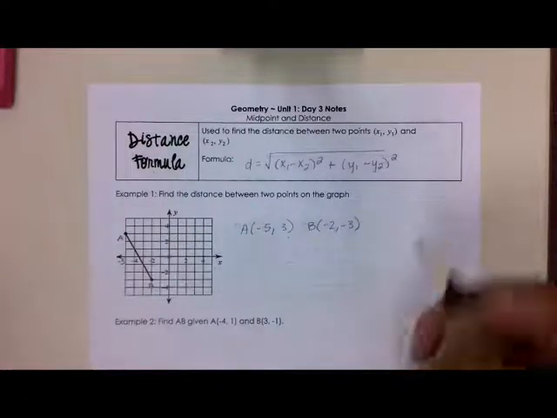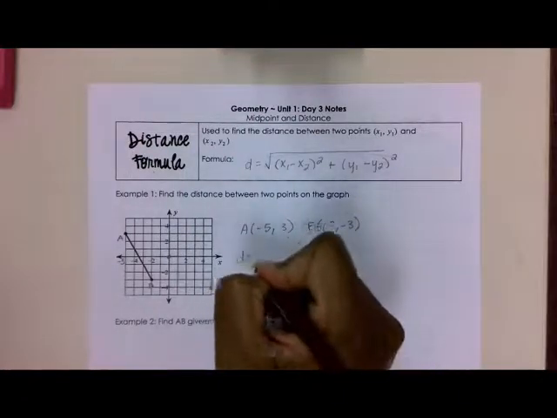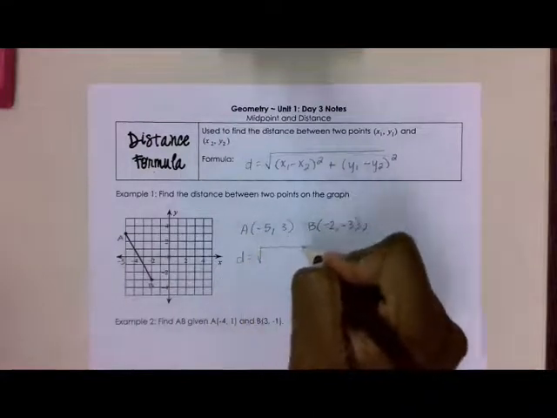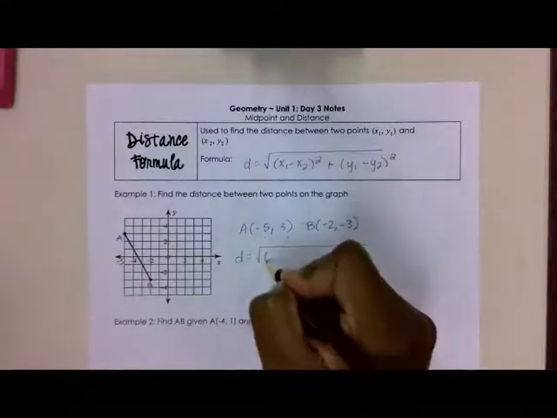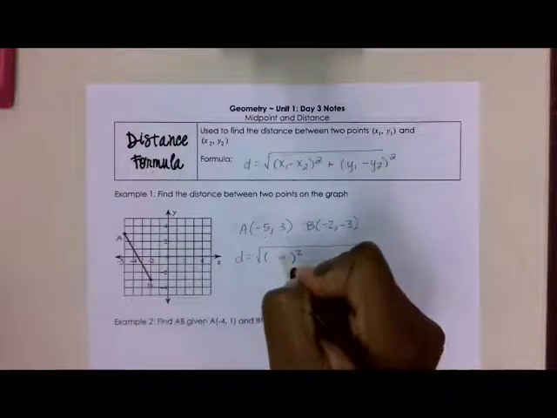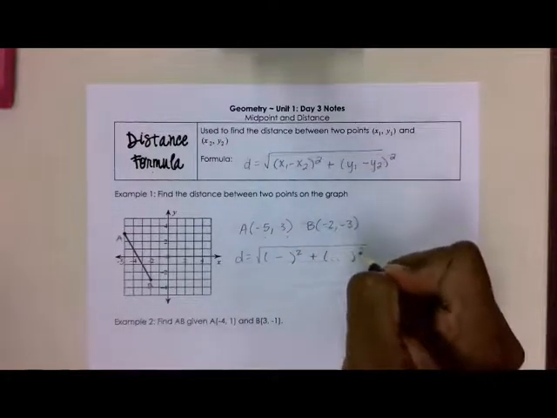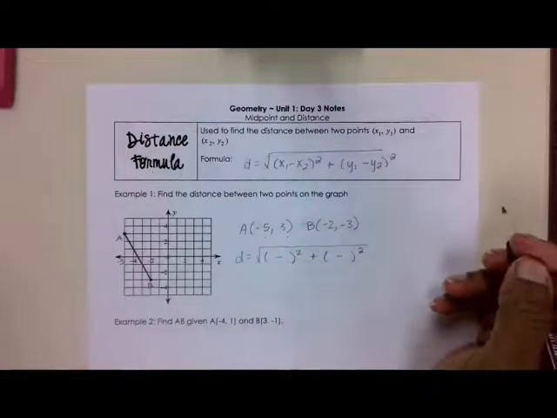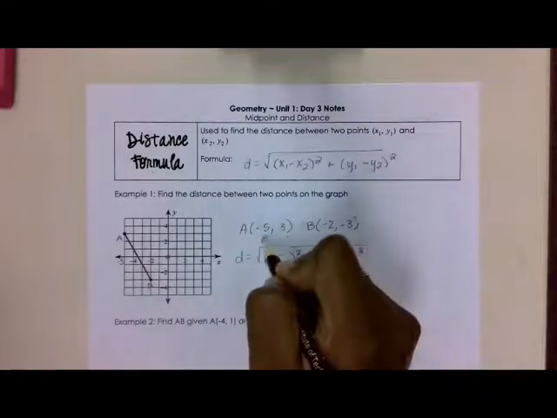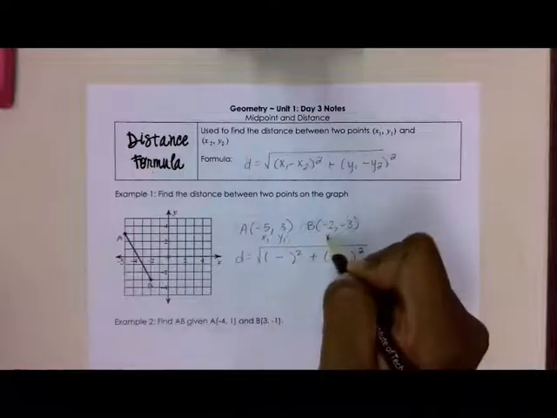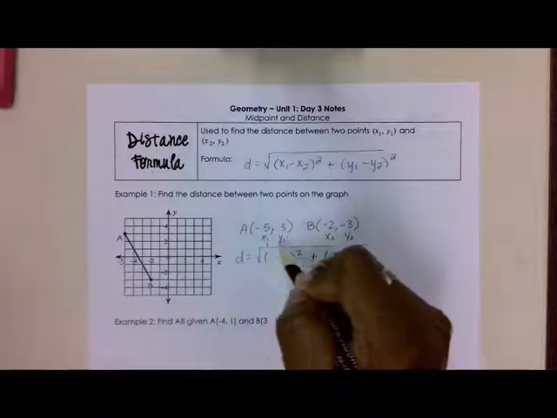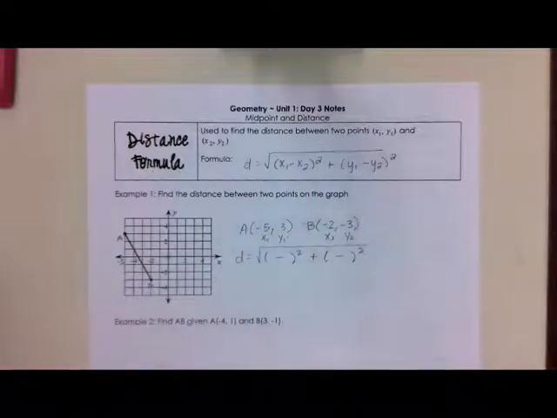Okay? So now I'm going to put this in the distance formula. So distance equals, I'm going to write my square root, I'm going to make my parentheses with my squared and my minus, my plus, parentheses with my squared and my minus. Okay? I'm going to label my points x1, y1, x2, y2. Okay, so this is the first set of points, this is the second set of points.